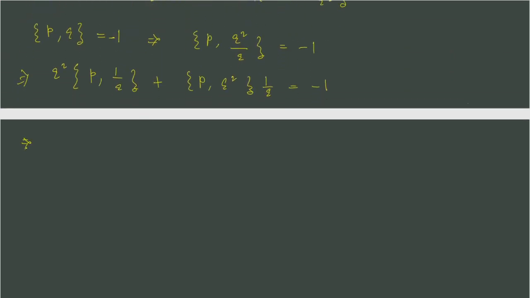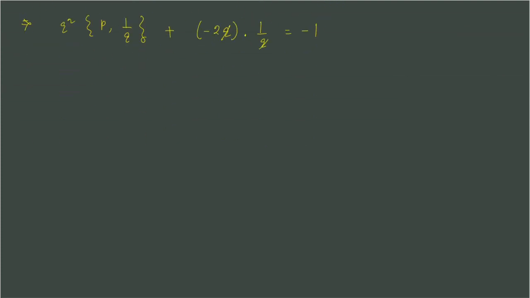If we carry it out further, the p and q square, this is q square, this Poisson bracket, I'm writing the result without carrying it out, but it's straightforward, you can check it. The q cancels, and this -2 taken to the other side becomes +2 -1, it gives you 1. So the final result is PQ is simply 1 by q square.